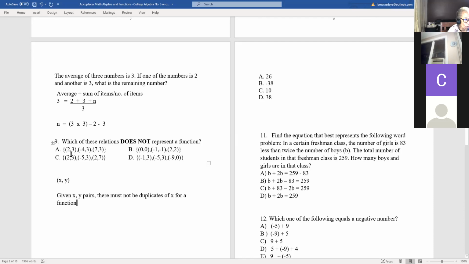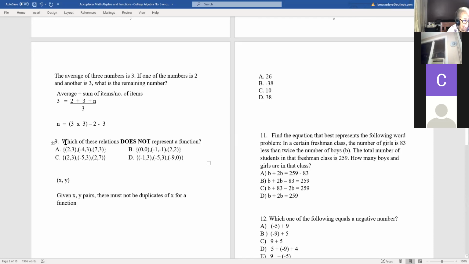Here, x2, y3, x minus 5, y3, x2, y7, x minus 1, y3, x is minus 5, y3, x minus 9, y0. Remember I say for the xy pairs, the x always comes before the y. It's not a function if there are duplicate x values. If there are no duplicate x values, then it's a function.